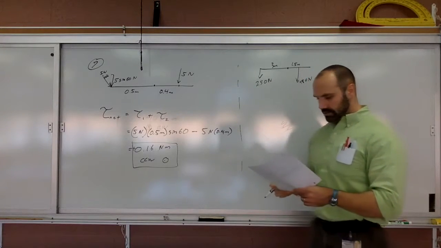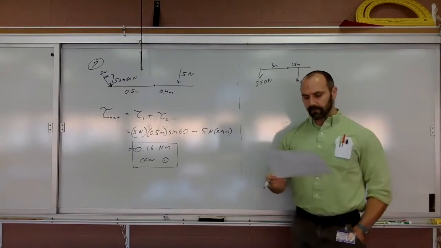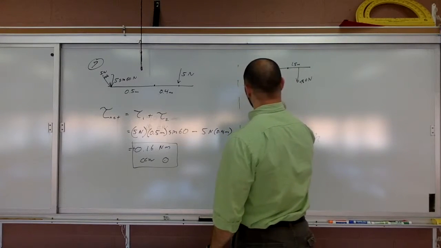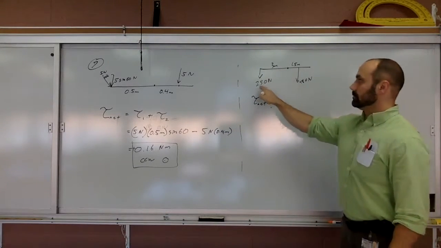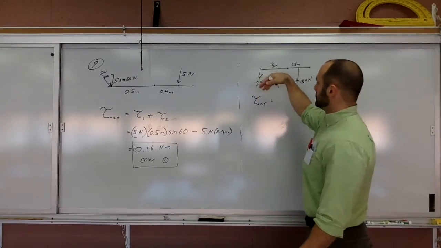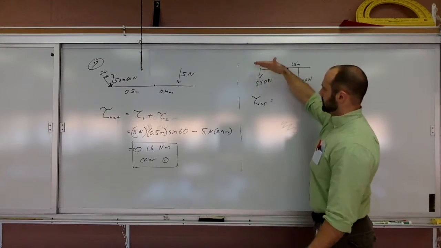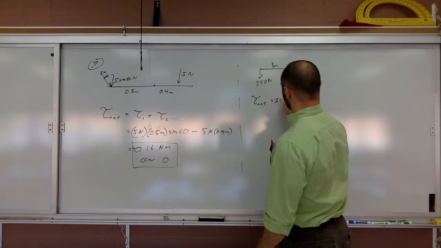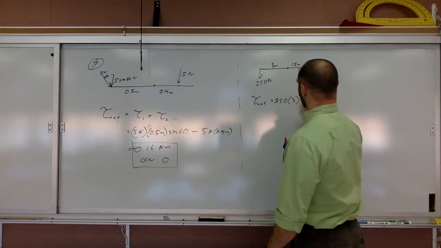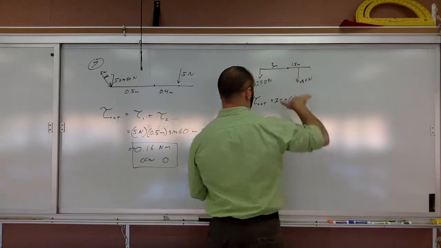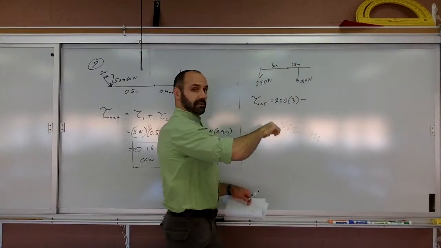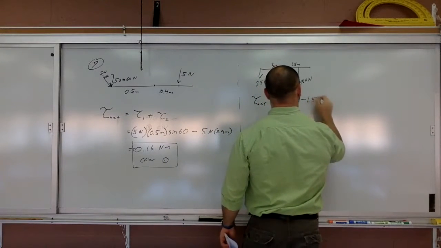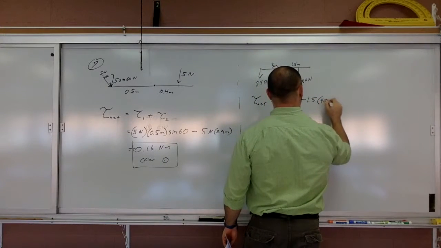And now the question is, what is the net torque for the situation? So again, the net torque is going to be this torque plus this torque. This one's going this way, so R cross F coming out. So this is 250 times 3. This one's going to be negative, right? R cross F, so this is pointing into the board, so this is a negative torque. And this is 1.5 times 480.